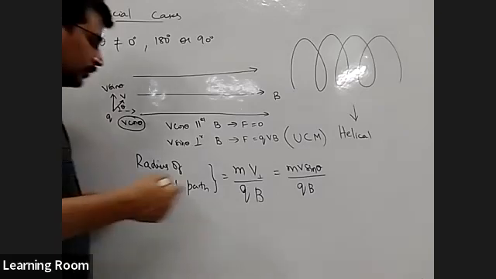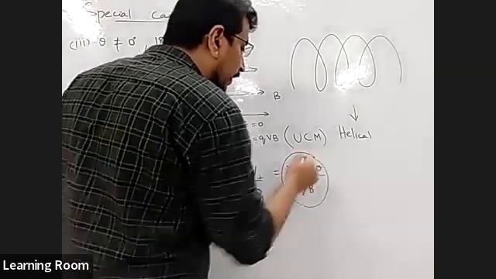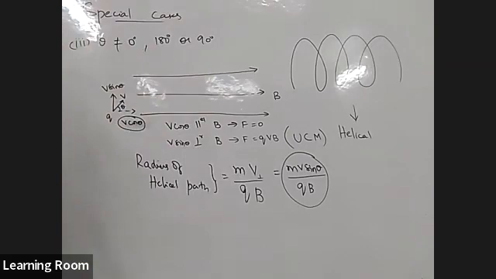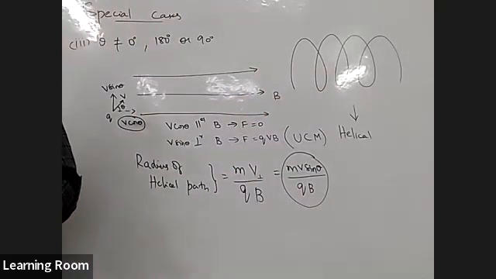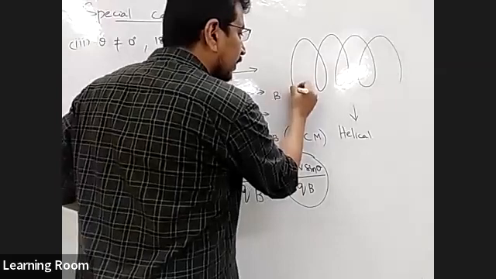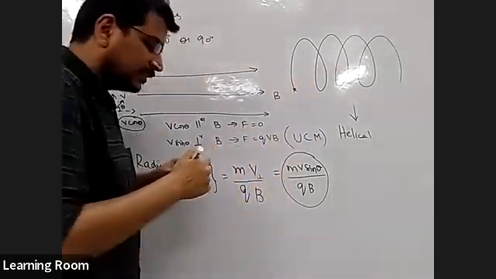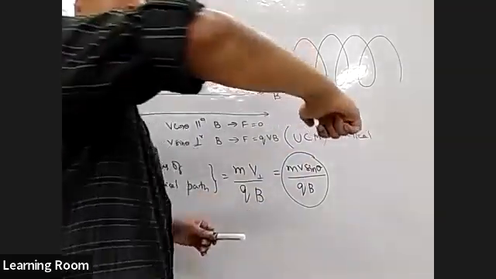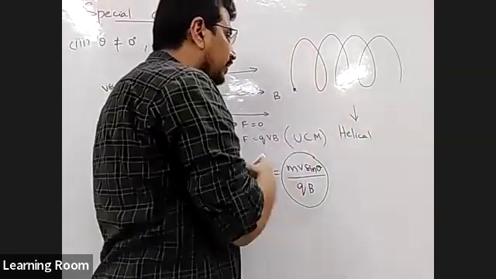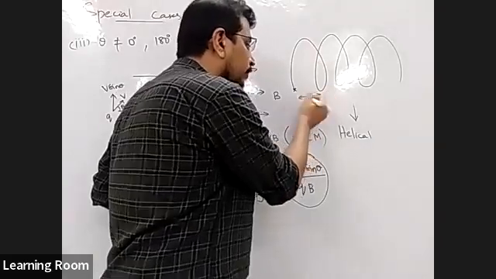Now, this is going to be the radius of the helical path. And most importantly, we need to see what is the distance traveled by this particle in one time period. Okay. So, if the particle started here, when the particle goes into the plane and comes out of the plane, in one time period, can I say there is a shift of this much value?